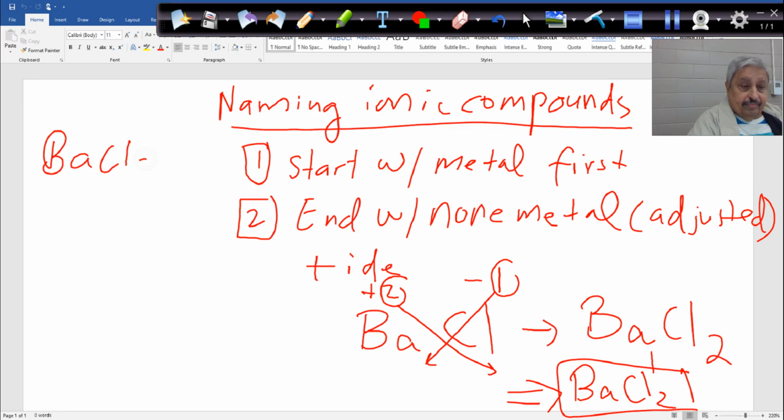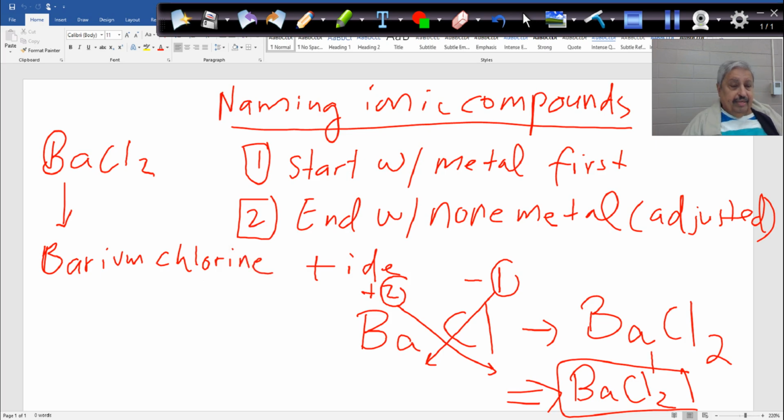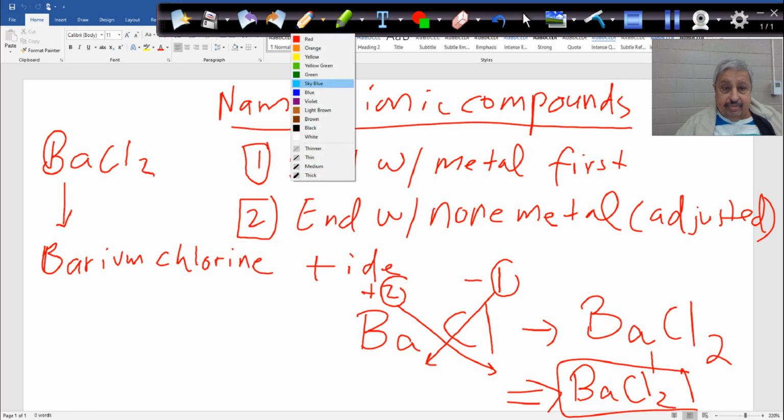And we name this as follows: first start with the metal. The metal name is barium. And the second, the non-metal, is chlorine. Not barium chlorine, but we will adjust it a little bit.